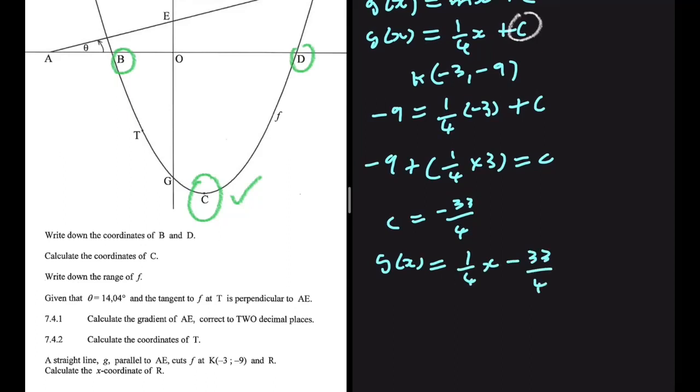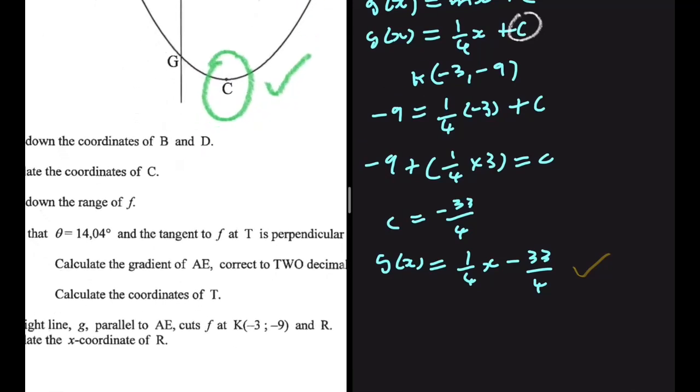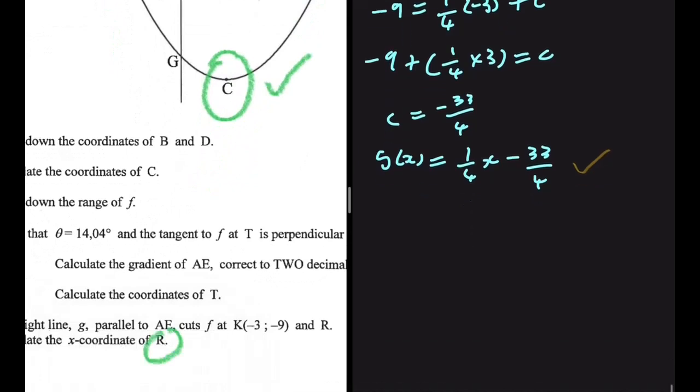We need to equate this to f of x. We're going to be able to find the two x values for which f of x and g of x touch. That is how we're going to get the x coordinate of R. So let's go ahead and say that g of x equals f of x. So g of x is 1 divided by 4 x minus 33 divided by 4.